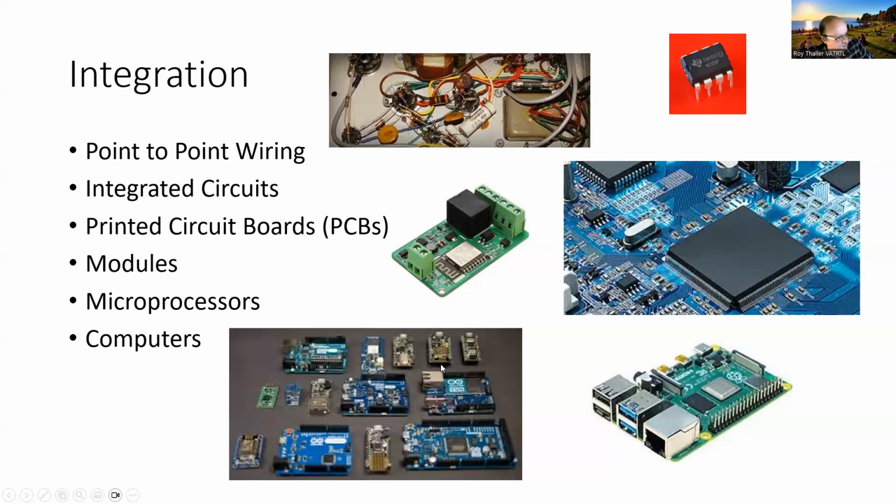These are different Arduino boards with different numbers of I/O pins, memory, and different chips, and they come in different sizes. Nowadays, rather than doing something point to point, they would program one of these computers to do it for you and have one of these input output modules. So we'll start off with point to point wiring, and then in our future courses, we'll actually do some programming of Raspberry Pis and Arduinos.